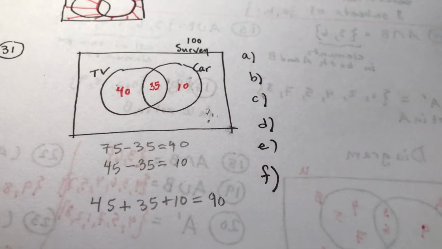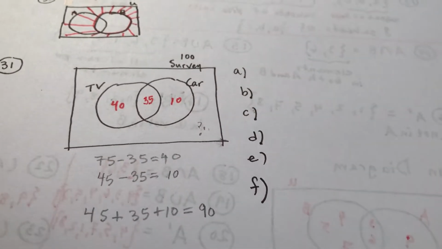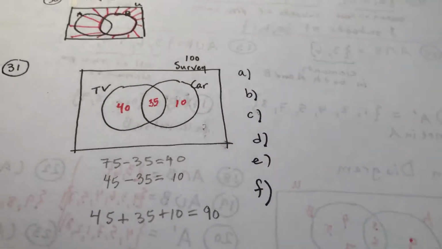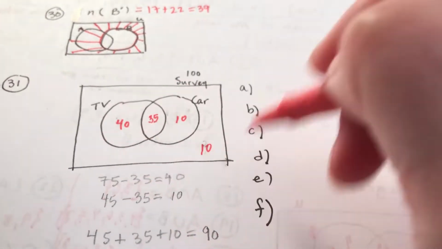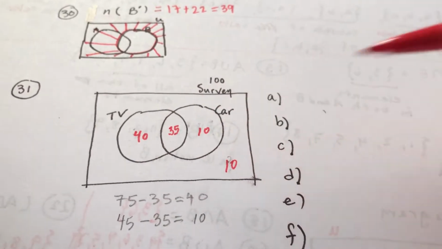You can use a calculator. But 100 were surveyed, so if this adds up to 90, then out here must be 10. Let me check that. 40, 75, 85, 95. Wait a minute.